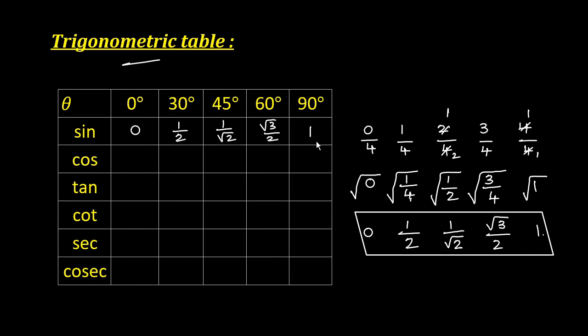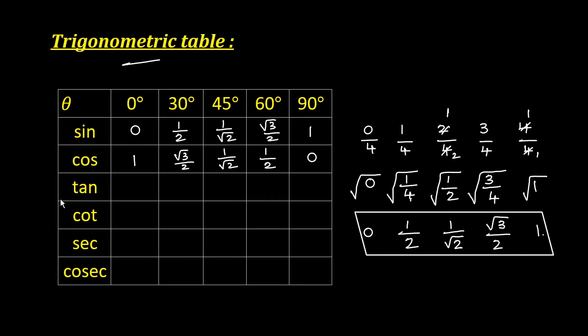So the last value we wrote, 1, shall be written as the first value for cos. Then root 3 by 2, now 1 by root 2, next 1 by 2, lastly 0. I have just reversed the order of the sine values.